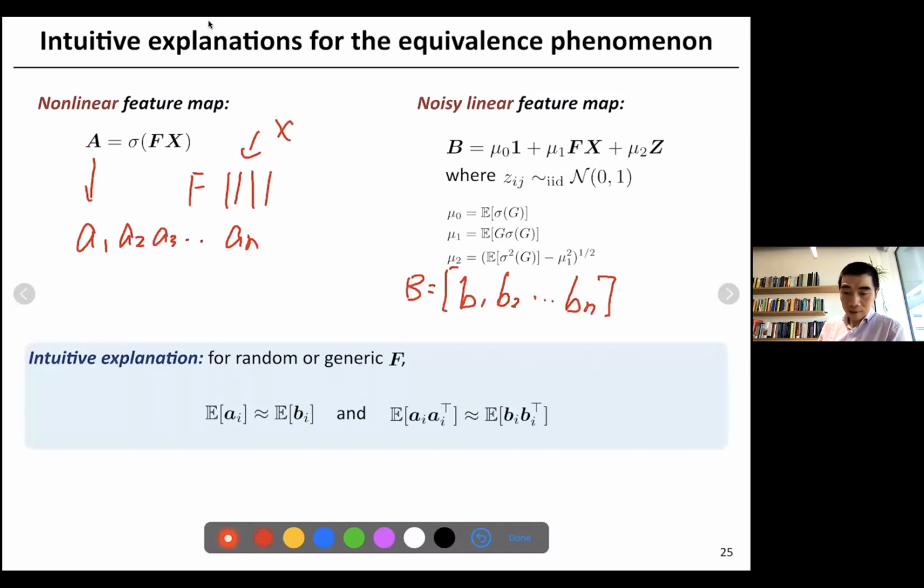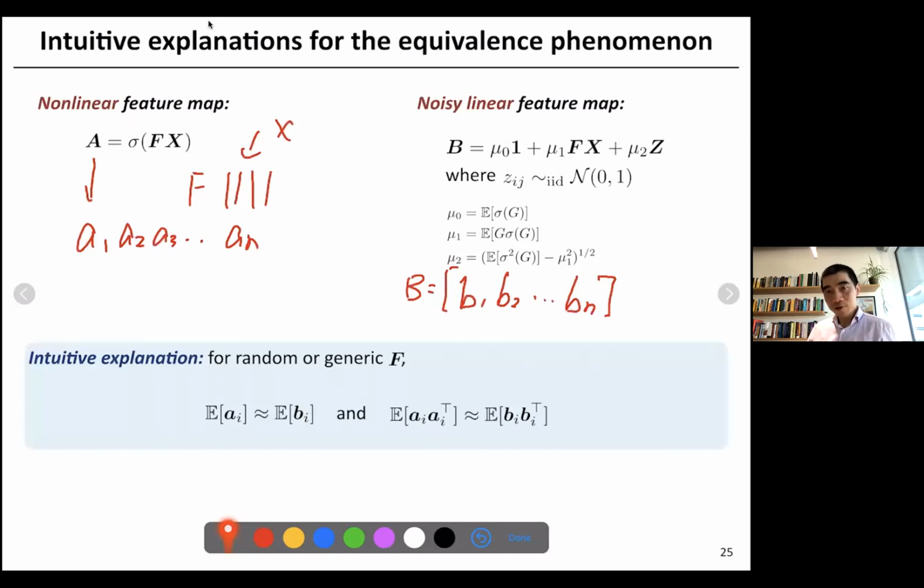If you look at the expectation and covariance of A and B, with the choice of the coefficients that we have chosen here, then they are essentially matching. So this is a very, very simple explanation. They are equivalent because of universality, because they have these matching first two moments.